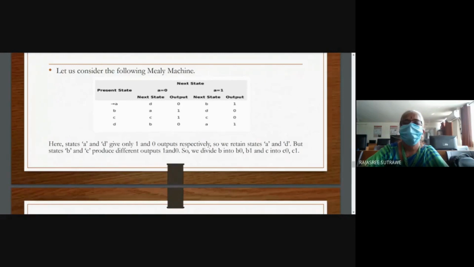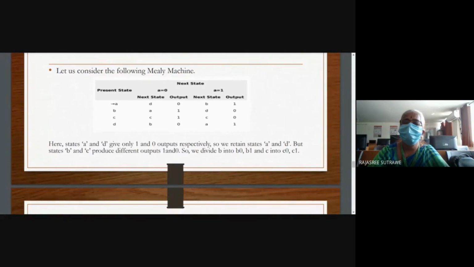We have the table here. Present state. Then next states will be having input equal to 0 and input equal to 1.